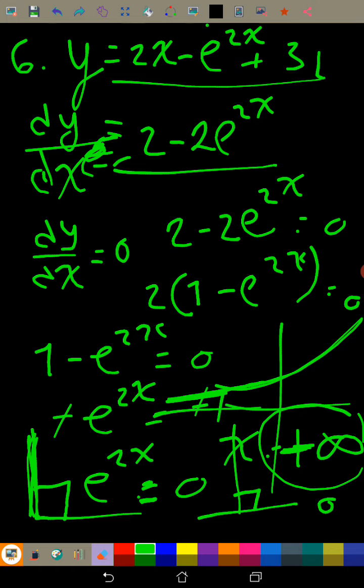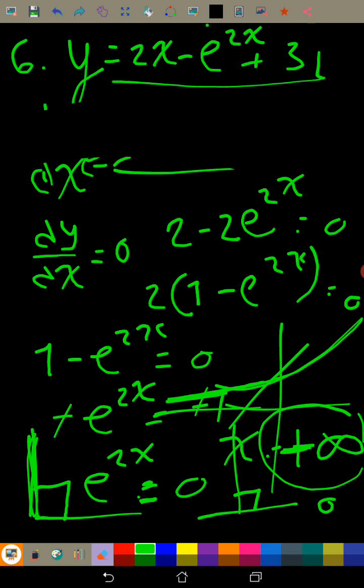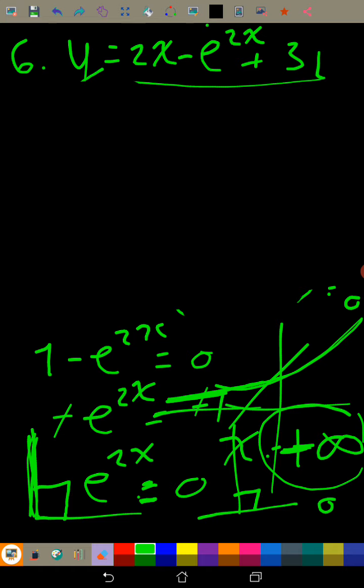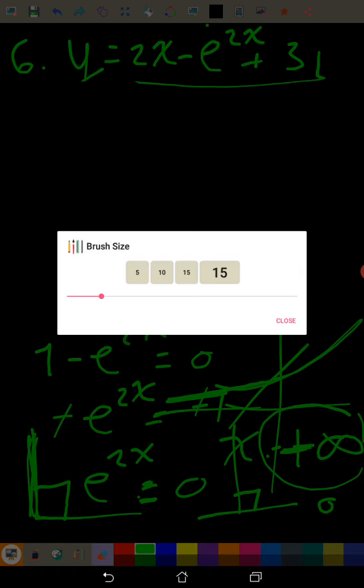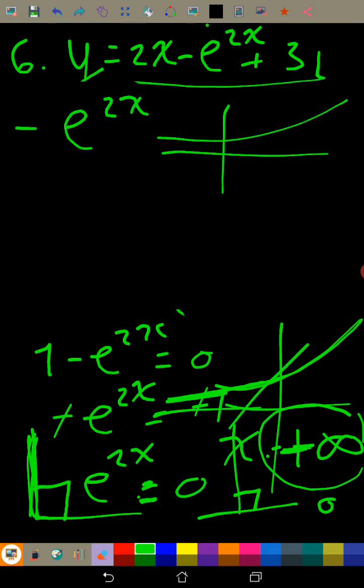Let me look for the answer. So maximum turning point at 0, minus 1. Because this is not the curve actually. Yes, I understand my mistakes here. I will just erase this. So if we look at this minus 2x, it's not this graph.